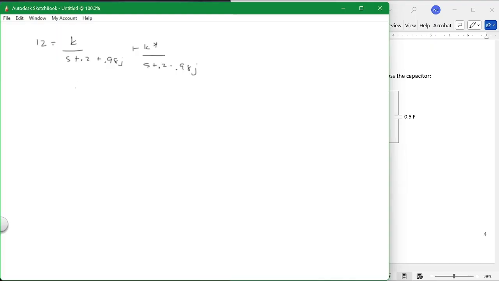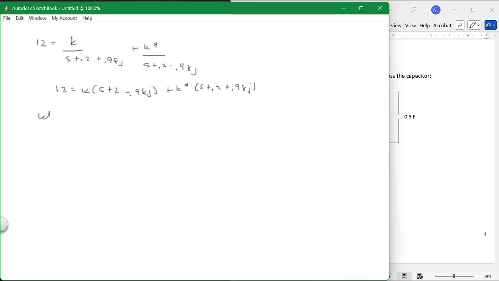So I cross multiply. 12 is equal to k times s plus 2 minus 0.98j plus k star s plus 0.2 plus 0.98j.